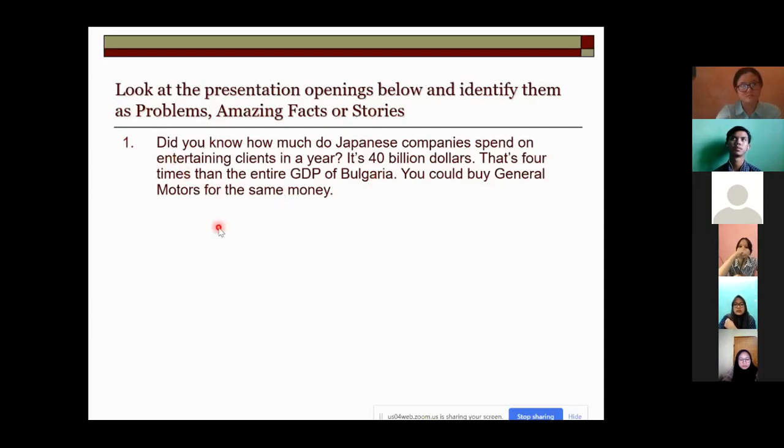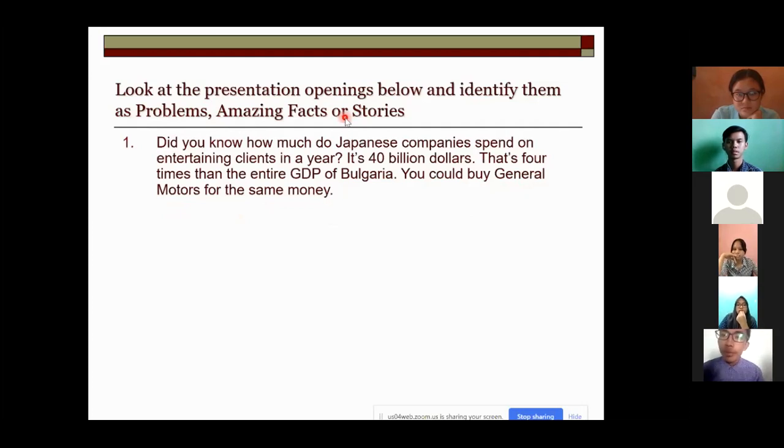Let me read it for you. For example, ladies and gentlemen, did you know how much Japanese companies spend on entertaining clients in a year? It is $40 billion. That's 4 times the entire GDP of Bulgaria. You could buy General Motors for the same money. So, what kind of presentation opening is it? Is it a problem, amazing fact, or story? Amazing fact.